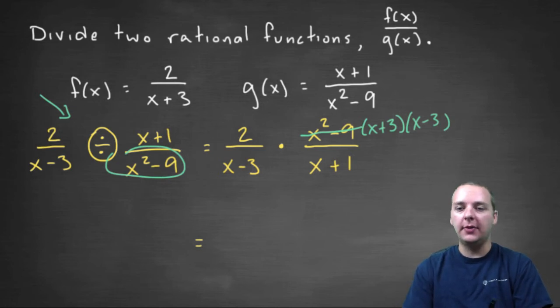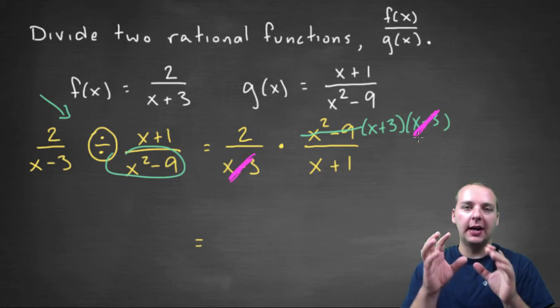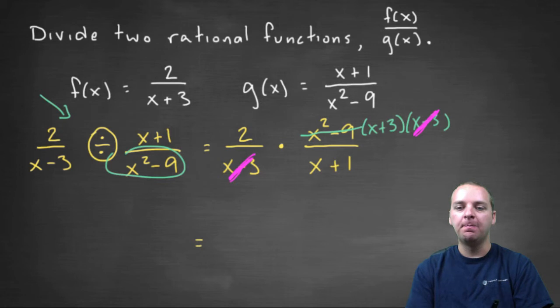I actually do have some, actually. Let's see here. Here's an x minus 3, and here's an x minus 3, so I can go ahead and cancel those. And then, so for a final answer, we would have a 2 in the numerator. We would have an x plus 3 divided by x plus 1.